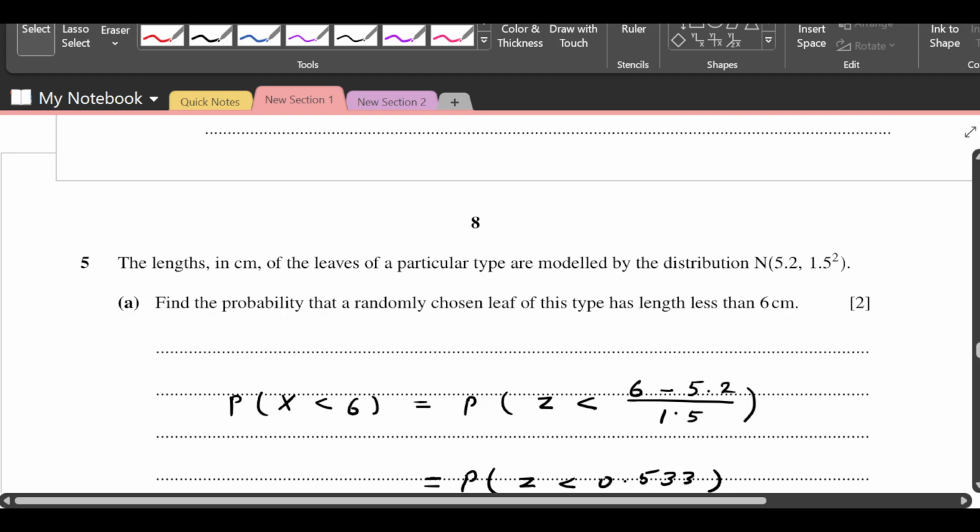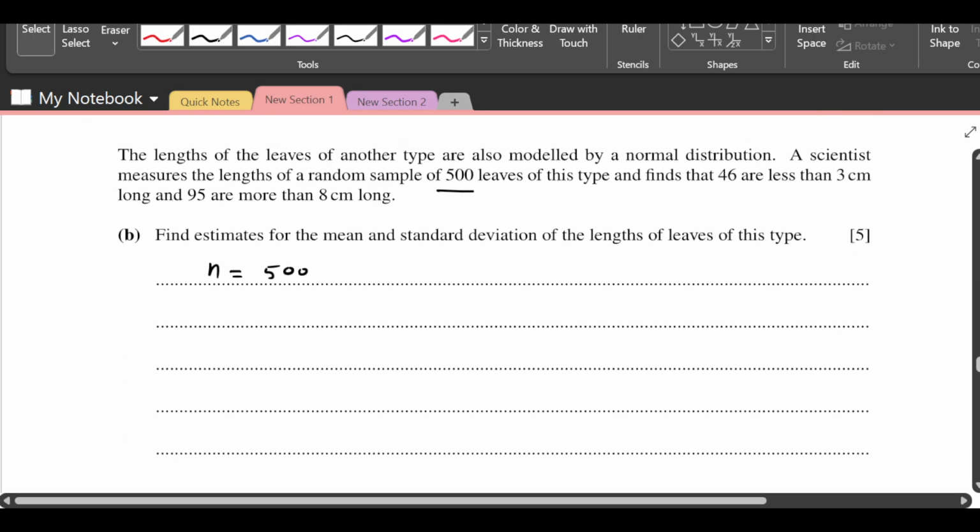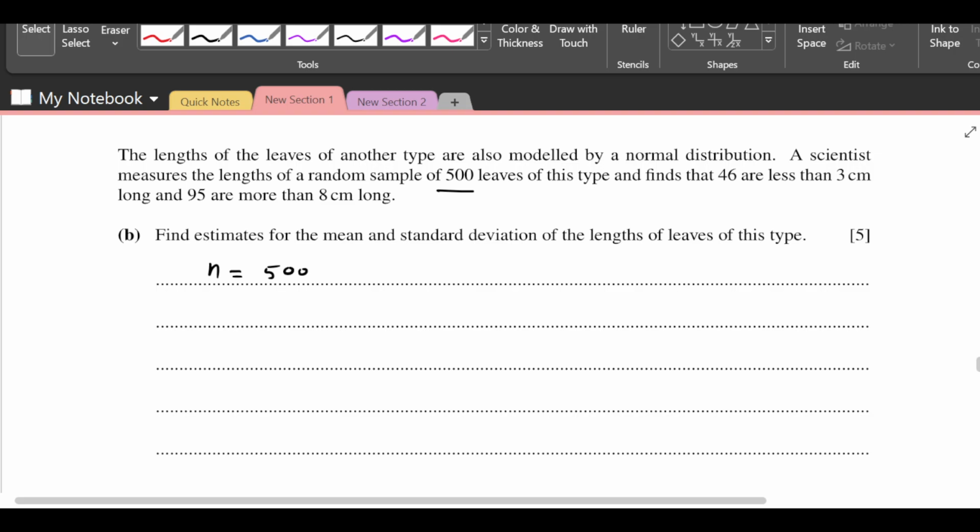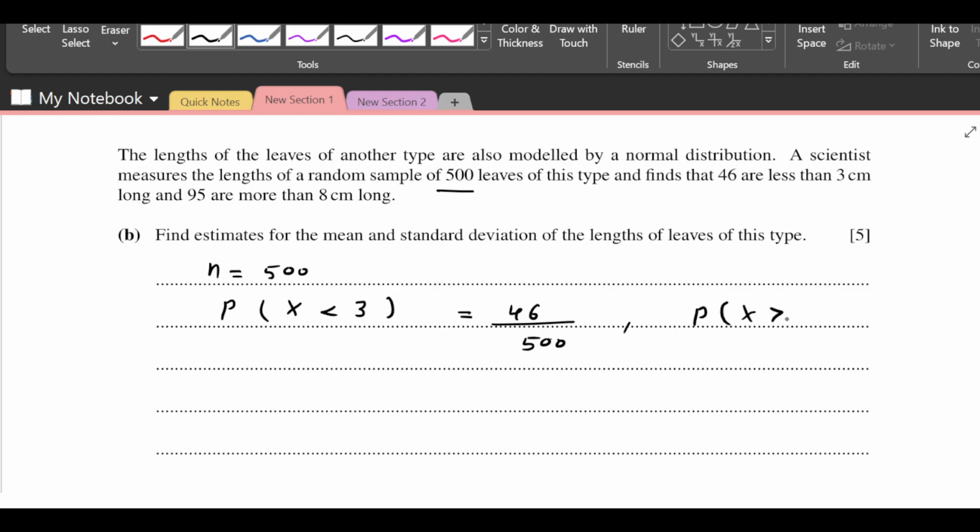Here the problem is, I will say that the probability of x less than 3 is equal to 46 divided by 500, and the probability of x greater than 8 is 95 divided by 500.